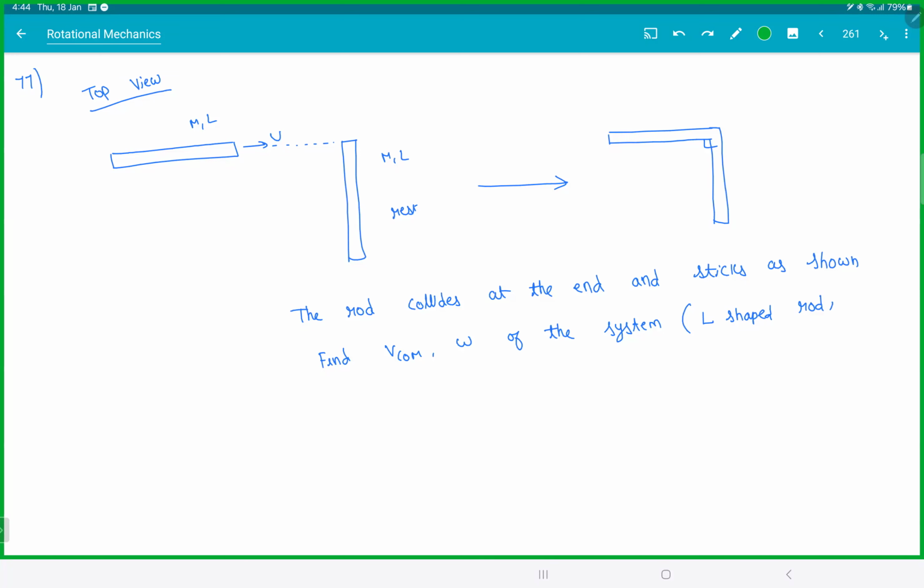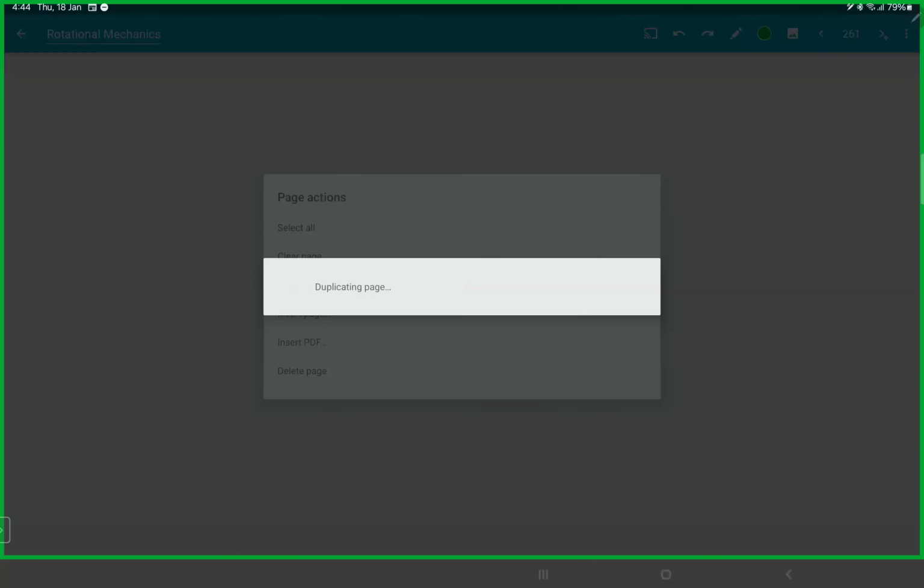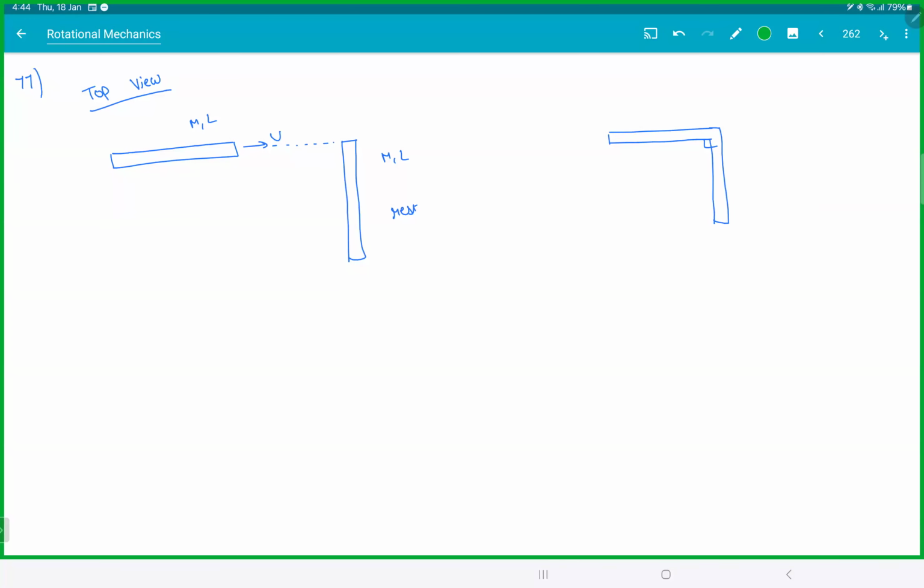Center of mass is at 3L by 4, L by 4. See, if you try to see the center of mass just before collision, they're almost touching here.